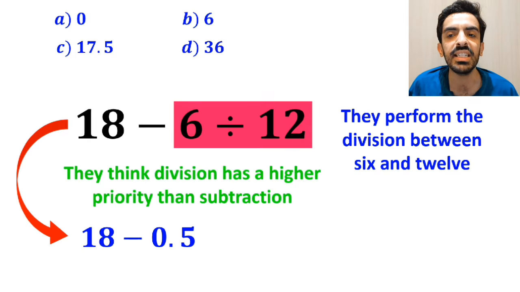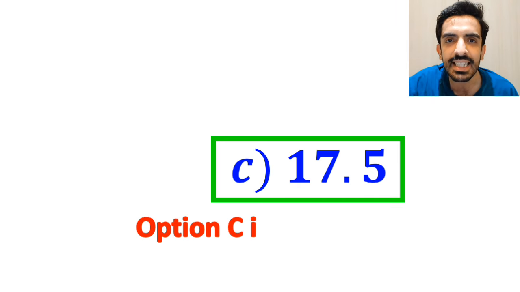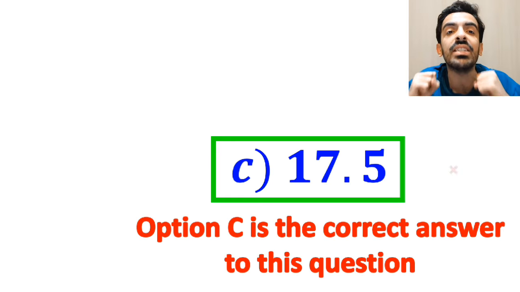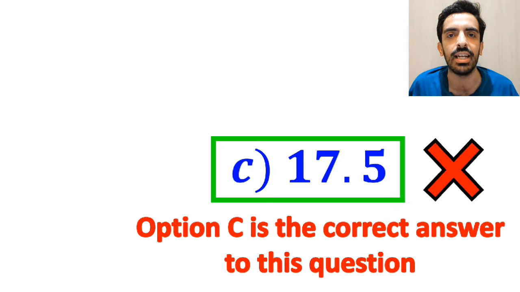So, they simplify this expression to 18 minus 0.5, which ultimately gives them the answer 17.5. And immediately, they conclude that option C is the correct answer to this question. But I have to say, we were tricked and it's not the correct answer to this question.